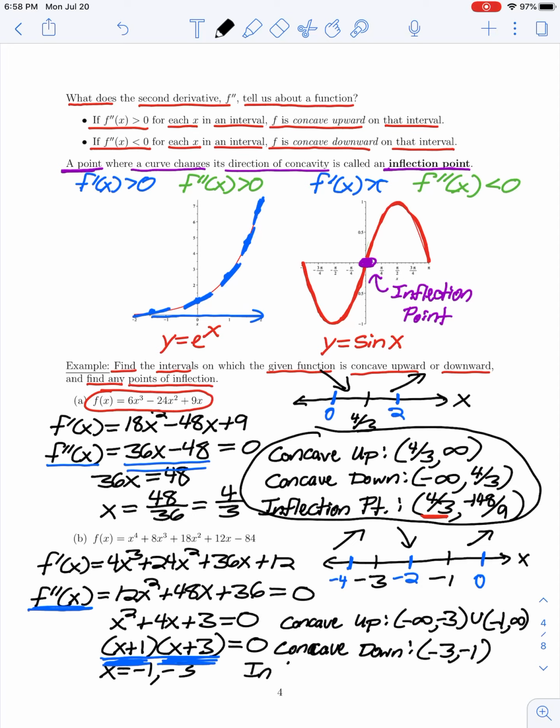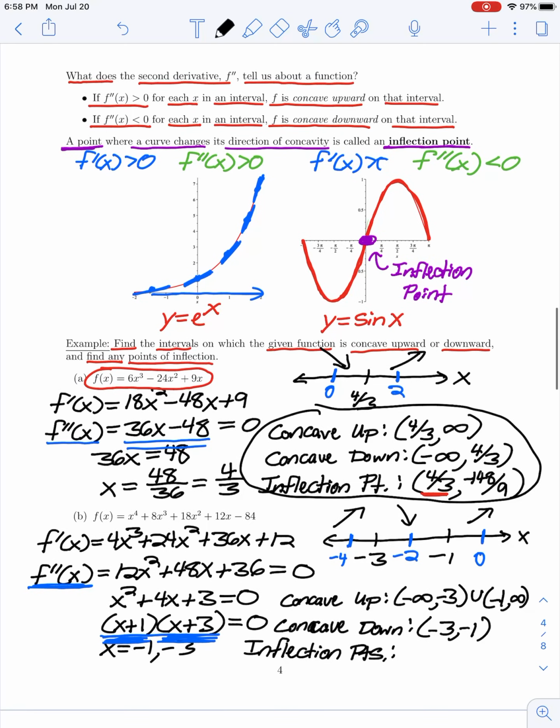So for our inflection points, those are the points at which we change concavity. We saw that x could be -3 or -1. To find the corresponding y value for these x values, we would take -3 or -1 and substitute back into our original function.